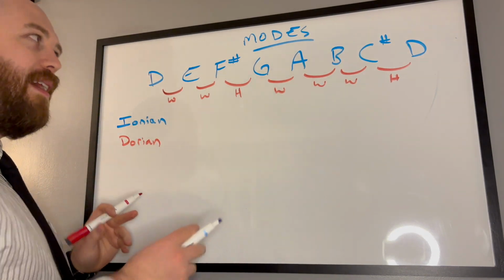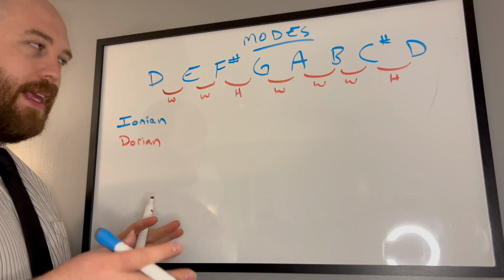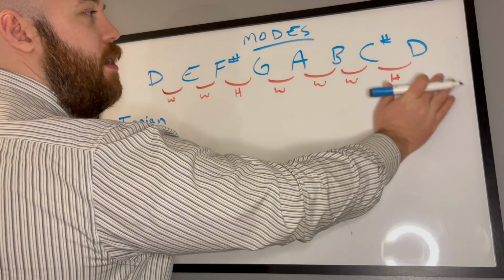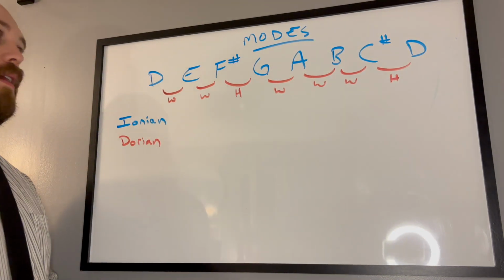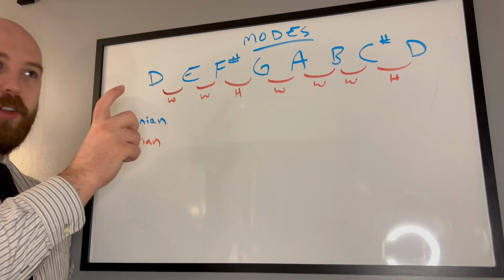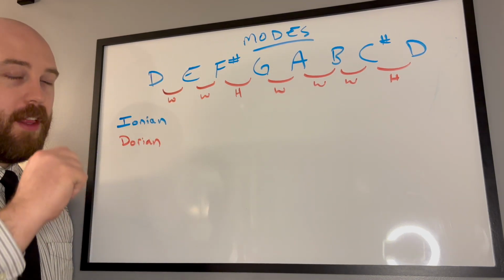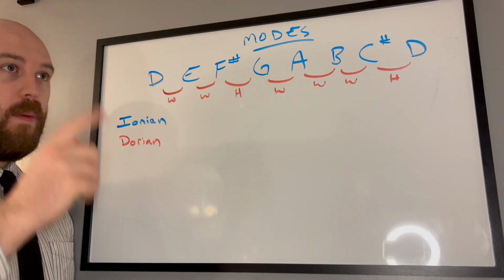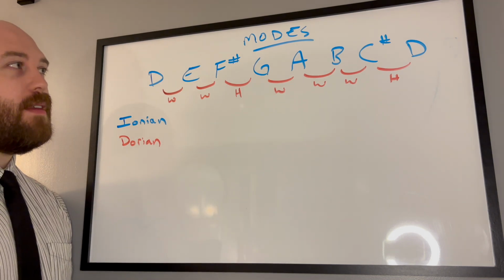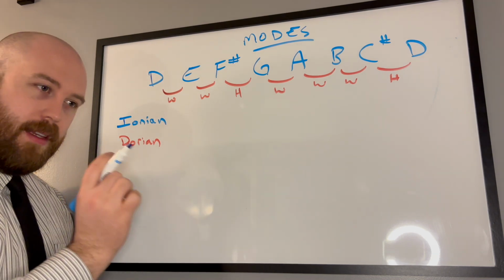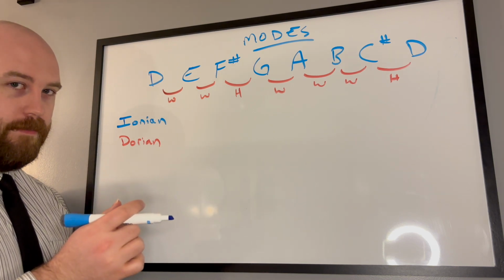So if you want an easy way to find a Dorian scale, you take a major scale and whatever the second note of that major scale is what Dorian would be. So for an example, let's say I wanted to find D Dorian.